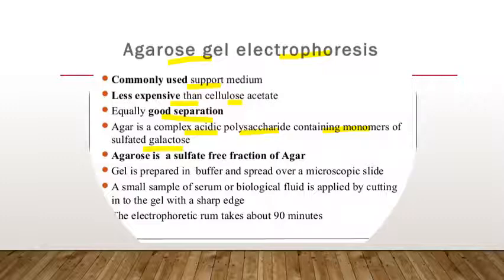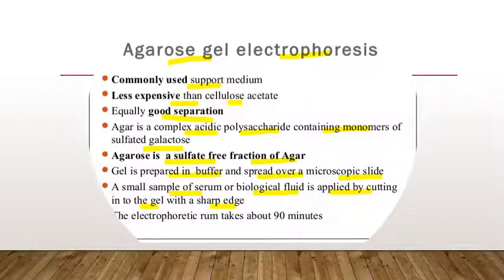The agarose is a sulfate-free fraction of the agar. The gel is prepared in the buffer and spread over the microscopic slide. A small sample of the serum or the biological fluid is applied by cutting it into the gel with a sharp edge.